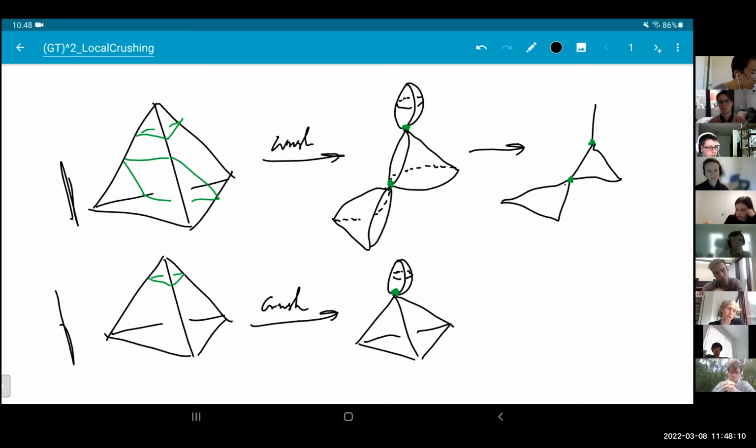And see, like, try to describe that topologically and see if that kind of gives some insight. I mean, there are sort of different directions this can go. Either this directly gives you a way to say, I should crush these tetrahedra in these directions.